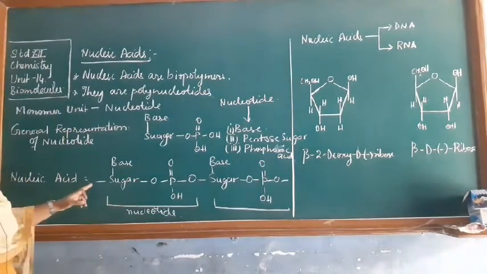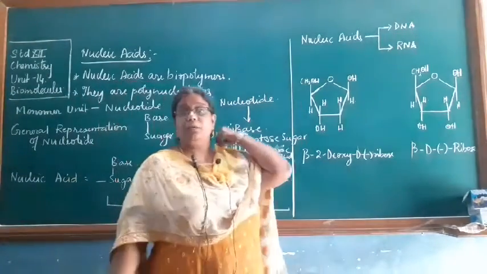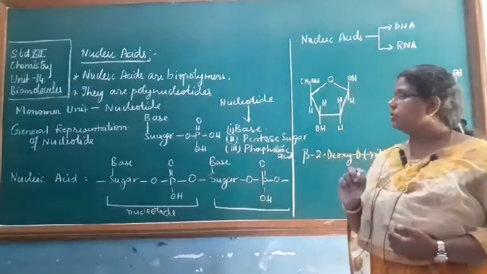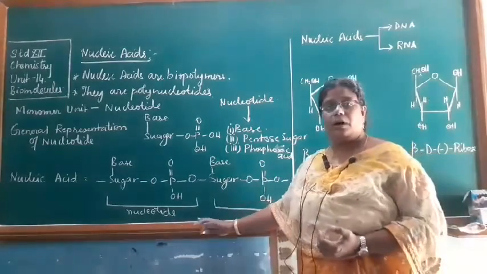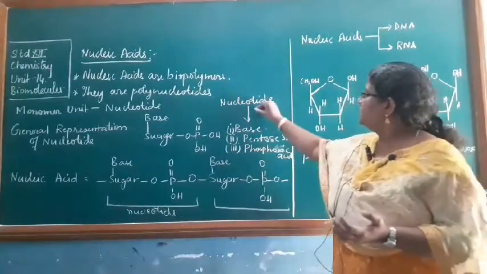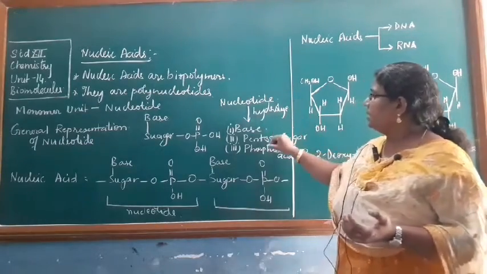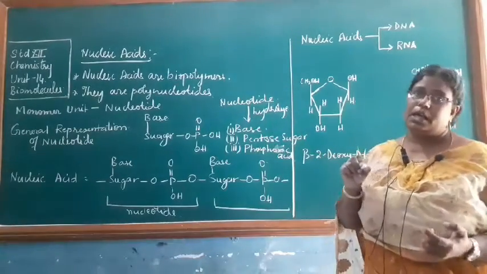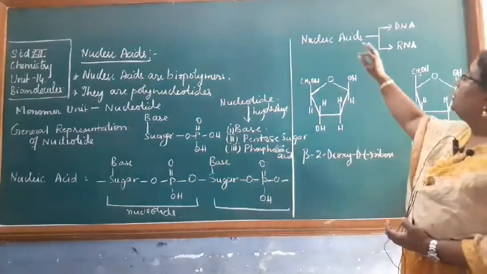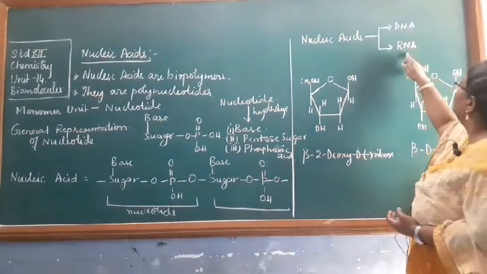See, the nucleic acid is open here and open here, which indicates that there are more nucleotide molecules on either side. So this is what the nucleic acid looks like. When you hydrolyze it, you will get base, pentose sugar and phosphoric acid. Clear?